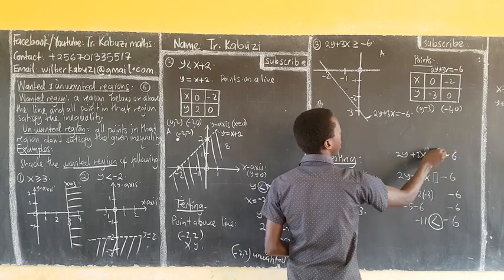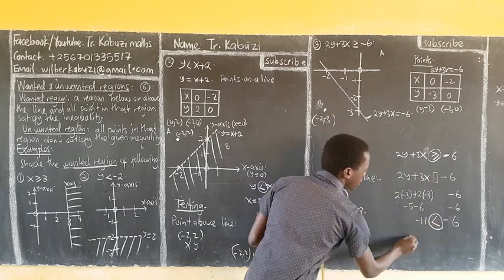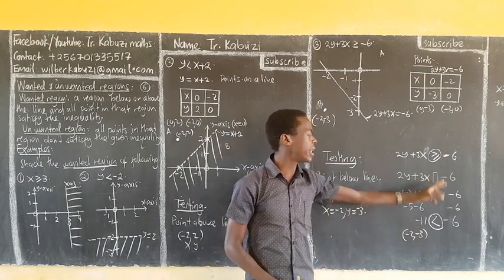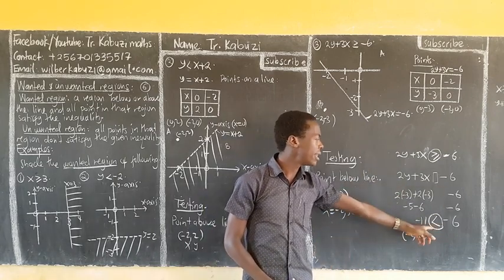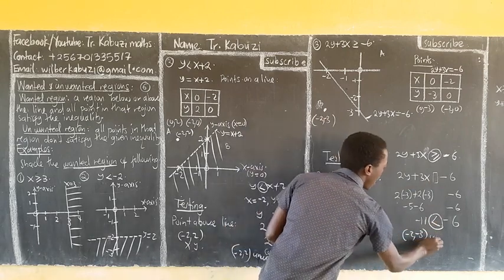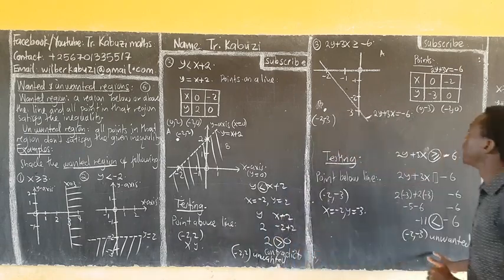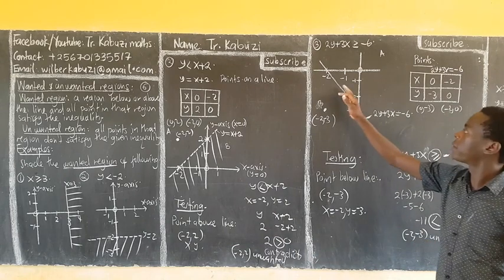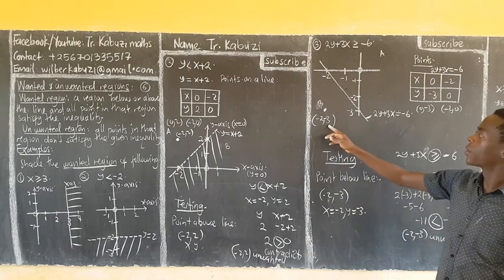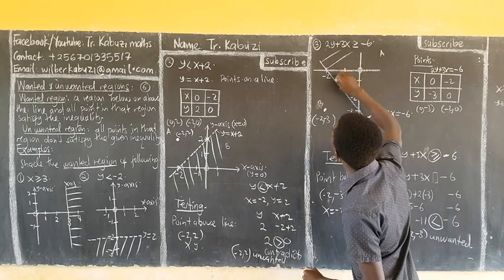So this point, negative 2, negative 3, is opposite to this. Why did I put this point? Because it contradicts it. The reason is this point is unwanted, because it doesn't satisfy the inequality. So the region above is the wanted this time around, like this.